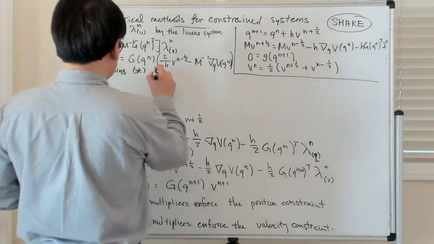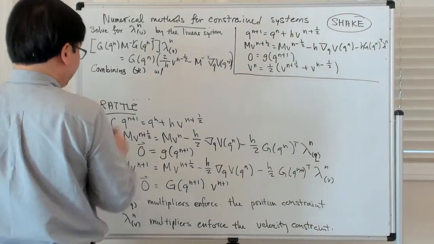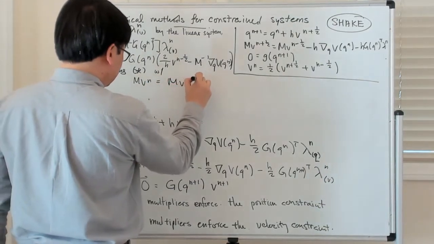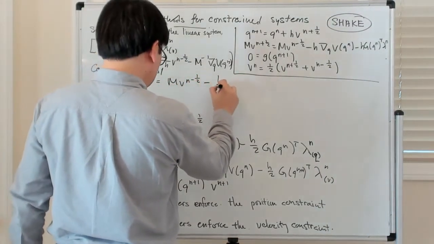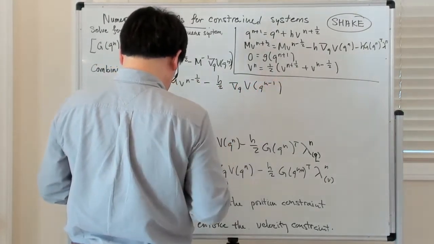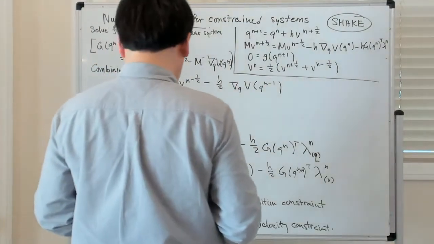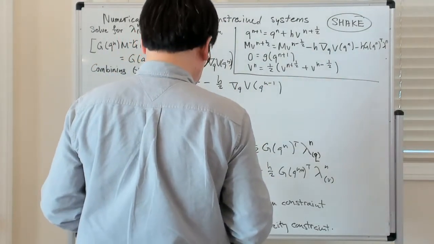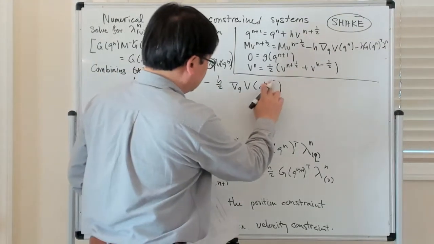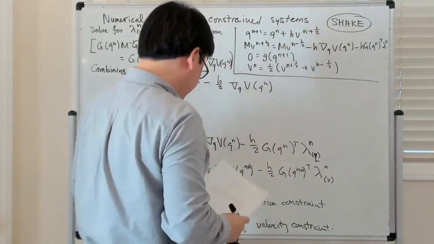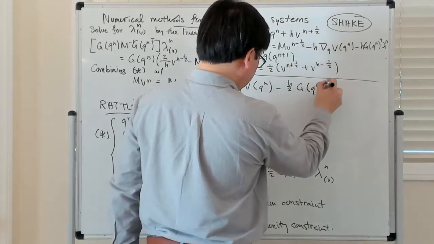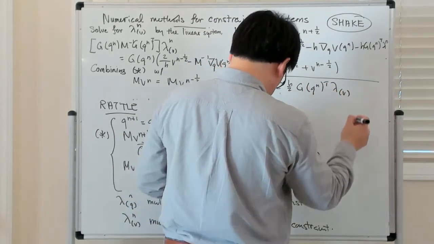I'm going to time shift this back by 1, so that's M vn is equal to M Vn minus half minus h over 2, the gradient of V at Qn, minus h over 2 g at Qn transpose lambda v.